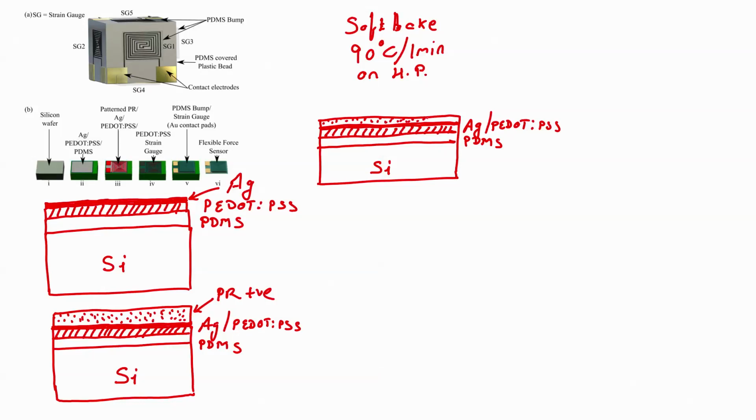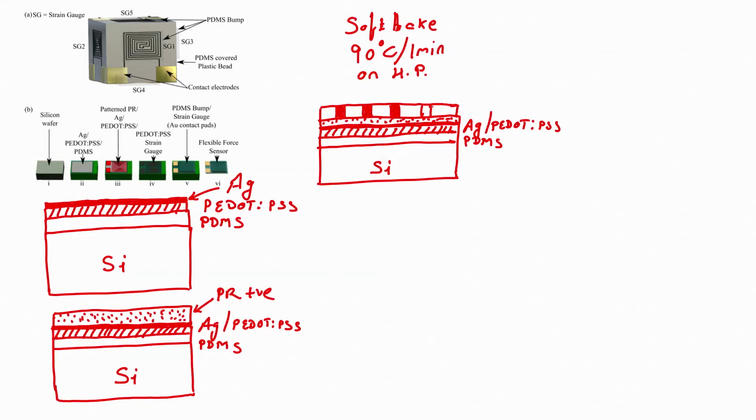On the photoresist, what is the next step? We have to load the mask and align the mask. If I load the mask, what kind of mask do I have? I have a bright field mask, correct. I have a bright field mask because I want to form a strain gauge.